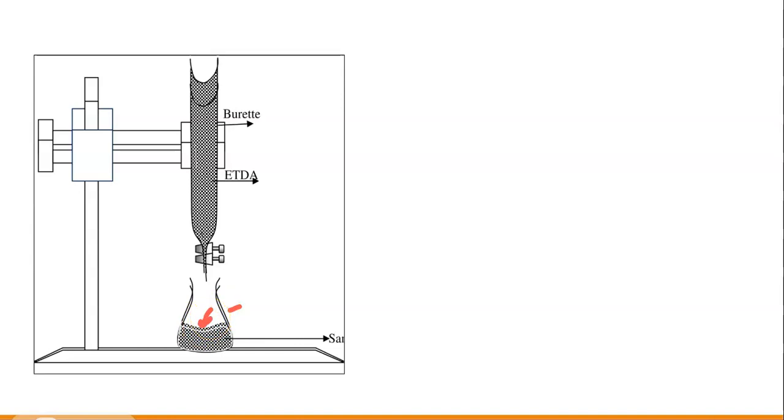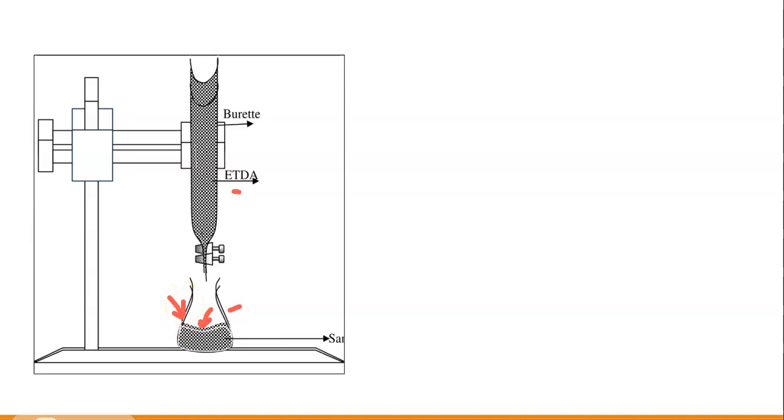Why? Because it indicates that a complex is formed between the metal ions and the indicator. And then from the burette, we are going to add the disodium form of EDTA until this wine red color changes to blue. Plus, we are also going to add a pH 10 buffer solution into the conical flask.